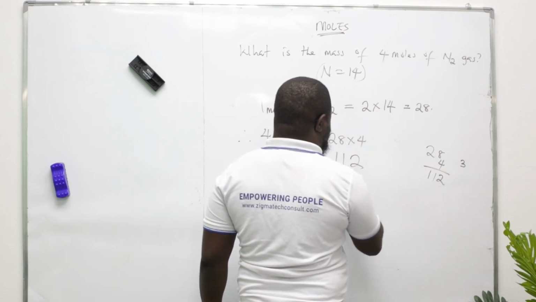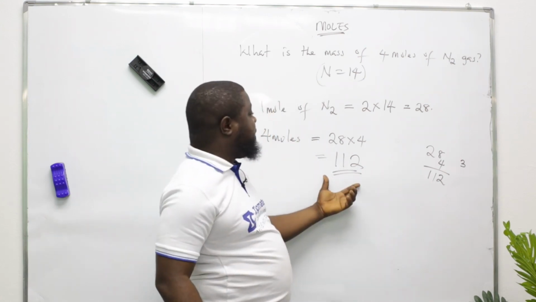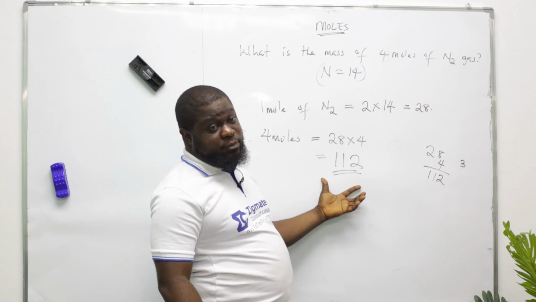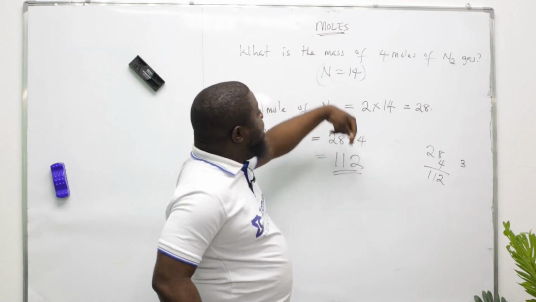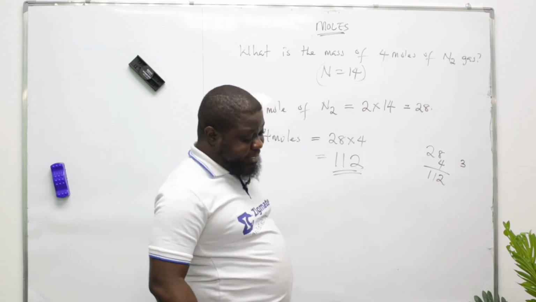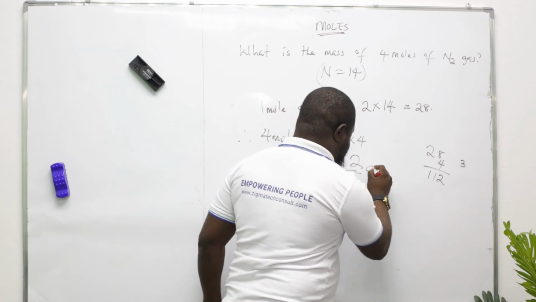So it's 112. Sorry, it's a mistake. So the answer is 112. So in essence, the mass of 4 moles of nitrogen gas is 112 grams.